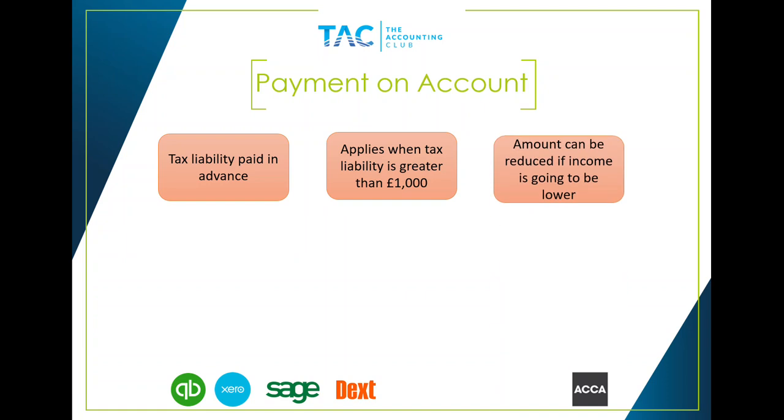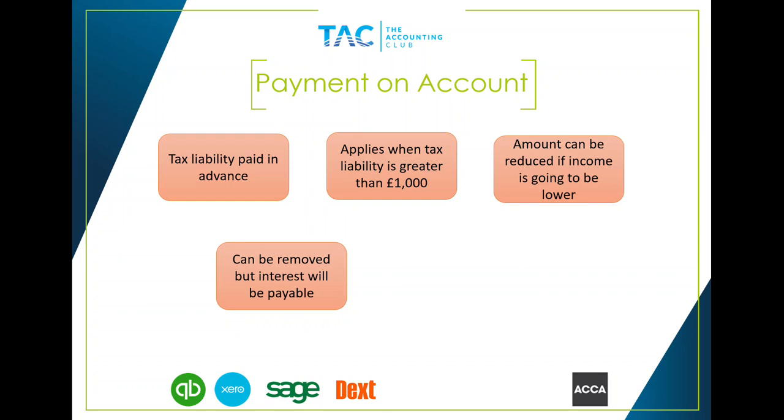The amount can be reduced if income is going to be lower. As an example, if we know that your income in the 2025-26 tax year is going to be lower than in 2024-25, it is possible to apply to reduce the amount of payment on account.